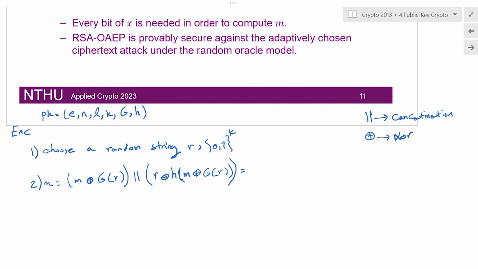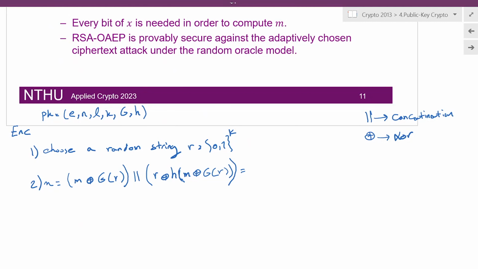So now you could see that even if you encrypt the same message with RSA encryption, the value of X would be different, even though we are passing the same M, depending on the random variables we have here. And at the same time, we are adding extra information to it. So this is going to be L bits, and then we are also going to add some other extra information.